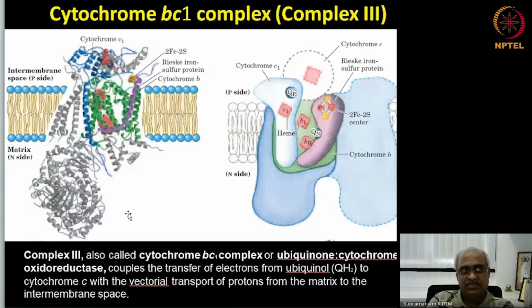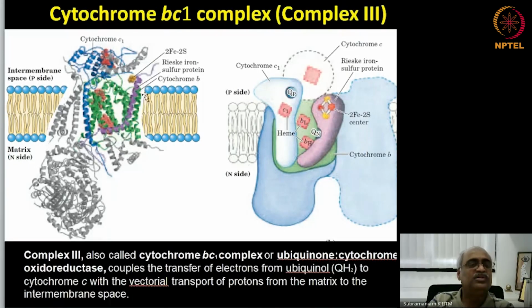Do not get confused; this monomer is not synonymous with a single polypeptide. This is a multi-polypeptide complex which exists in 2 such units. This is the structure of one of them. In this cartoon diagram, the other one is shaded out here. Two of them together form this complex 3.